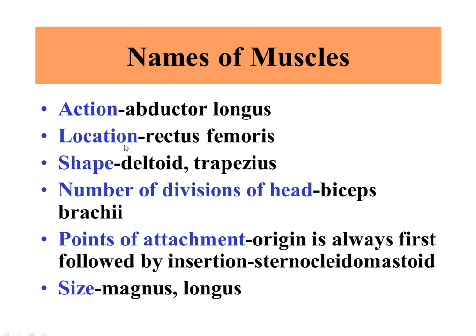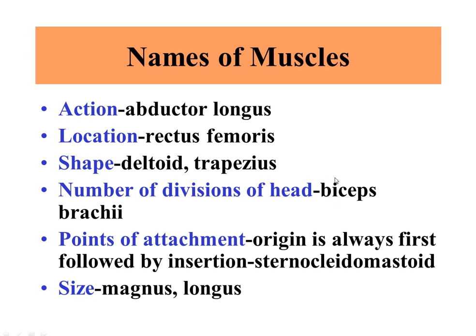Sometimes it's named for the location it's found in, the rectus femoris, right over the femur. The triangular shape of the deltoid over in the shoulder. Also the trapezius, named for the shape of a trapezoid. The numbered division, the biceps brachii.